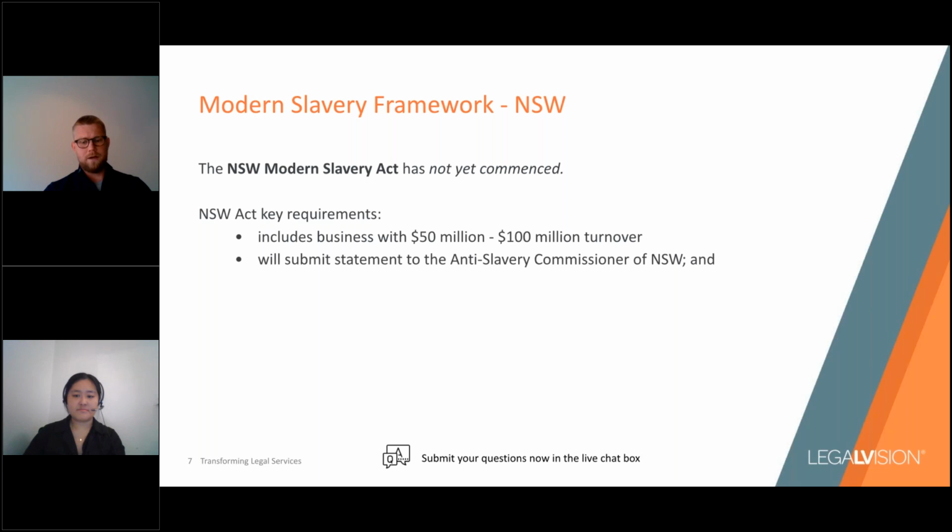And critically, under the New South Wales Act, there are penalties of up to $1.1 million for failure to comply. That is a very large distinction with the Commonwealth Act, where we will deal with consequences for non-compliance, but a bit of a spoiler alert, there are no penalties.